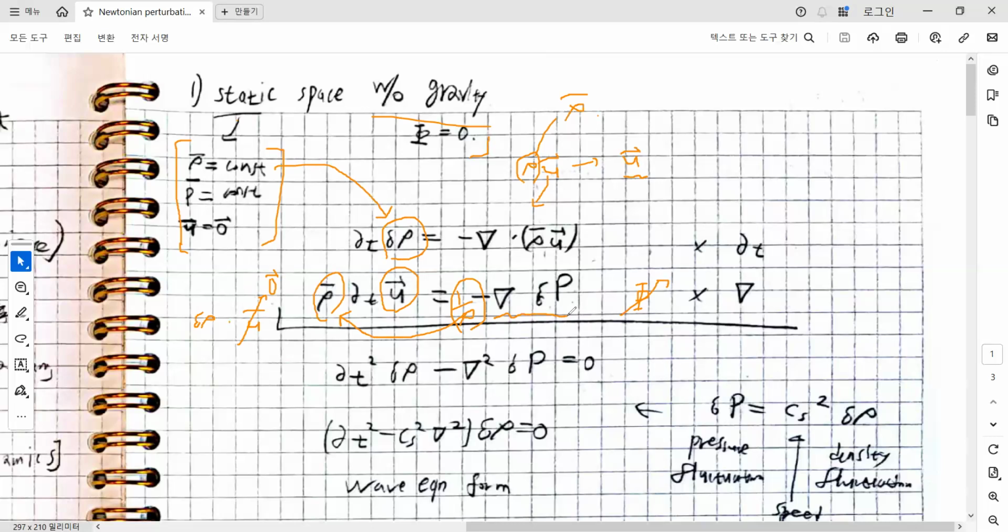We consider the first order, so delta p is the result here.